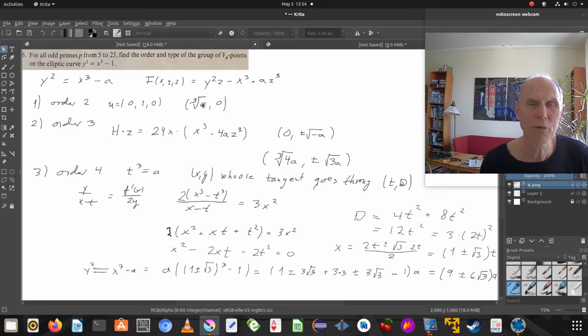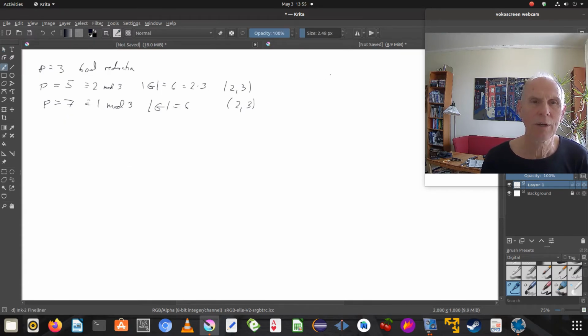Why don't we have 3 roots of unity, by the way? P equals 7, it's 6 plus 1. I think I claimed that when P is 7, we should have 3 cubic roots of unity.